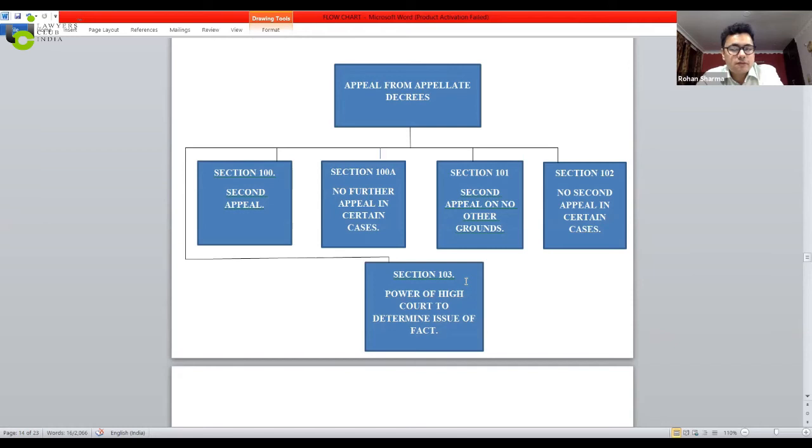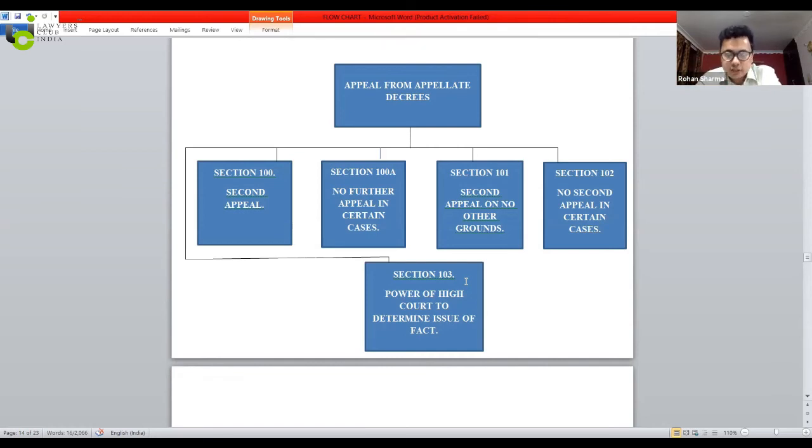What are those specific grounds? What are those specific circumstances when the court can entertain a second appeal? They are outlined in this specific lot of sections. Section 100, for example, talks about how a second appeal can only lie before a high court in case there is a substantial question of law which has to be decided.